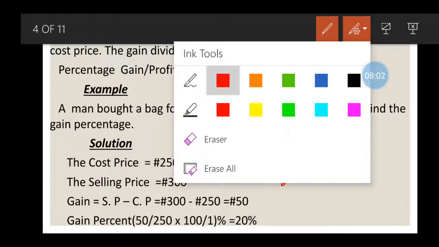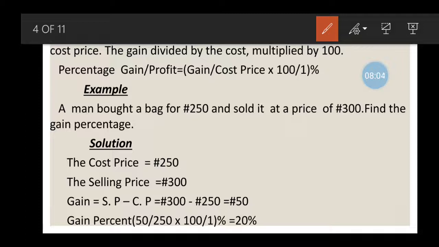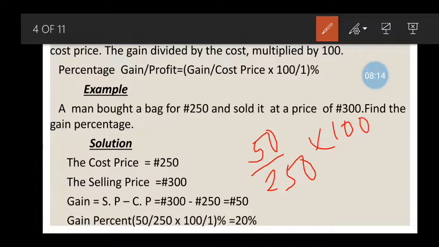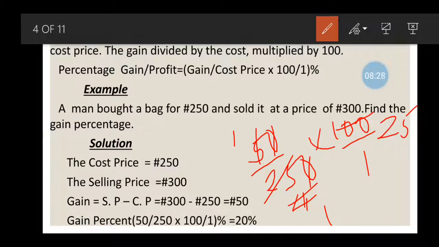Sorry, I have to erase this. 50 over 250 times 100 over 1. 0 here, 0 here. 5 here, 1, 5 here, 4. 4 here, 1, 4 here is 25. So that is how we come about 25 what? That's what we come about, 25%.